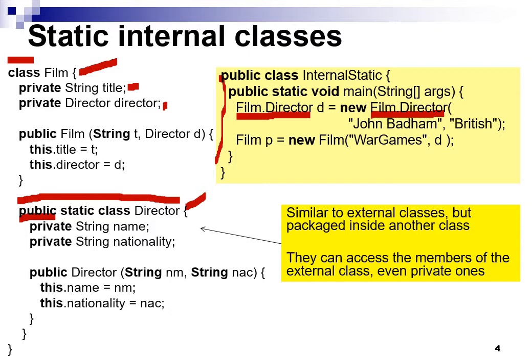In addition, this internal class can access all members of the outer class, even private ones. For example, if I had a method here with a reference to Film, I would be able to access the fields title and director.